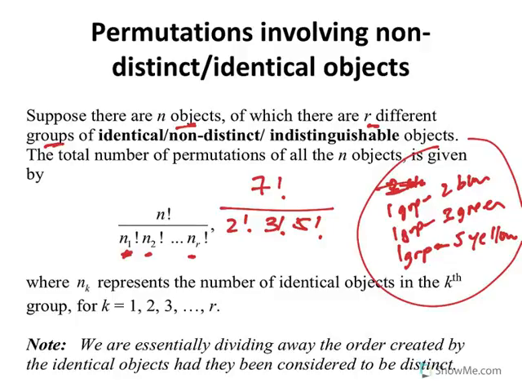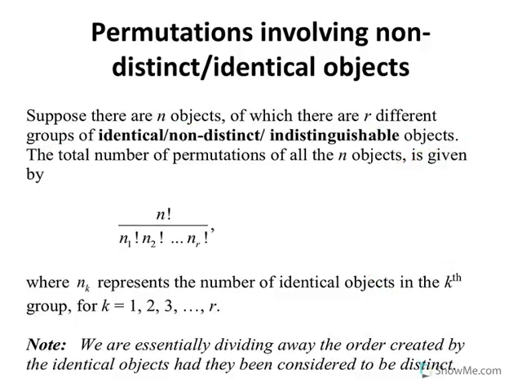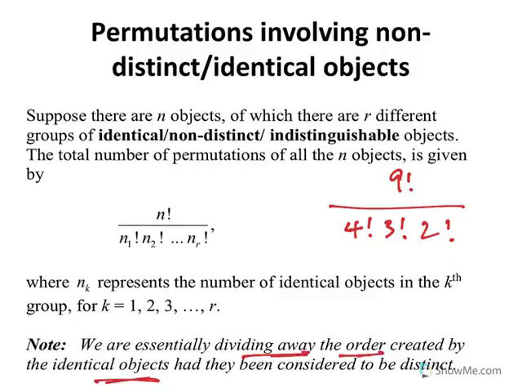These 4 are the same, these 2 are the same, these 3 are the same. So what's the number of arrangements? 9 factorial over 4 factorial, 3 factorial, 2 factorial. We are essentially dividing away the order created by the identical objects, had they been considered distinct. We are dividing the number of outcomes where they are considered different.